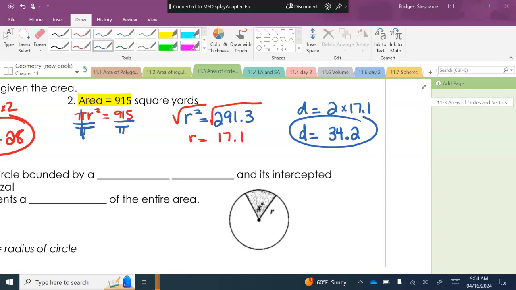So I just took it as 17.1. I didn't keep all that other stuff in the calculator and then multiply that by 2. Now if I did what I had in the calculator, that gives me 34.13. This would be 34.1. That's why I said I'd give you a tenth place here or there for that one. Is everybody okay with that? Area and circumference of a circle is not very difficult, correct?